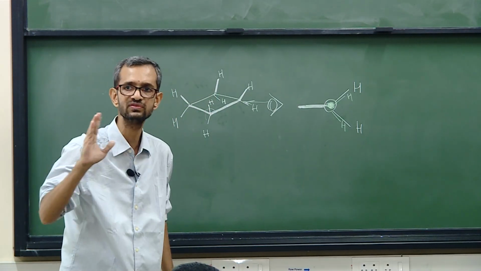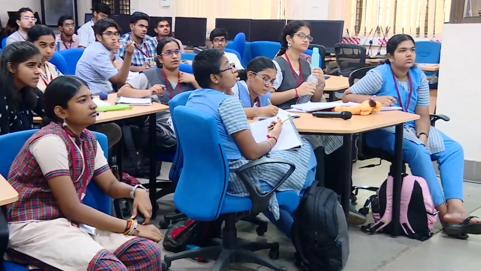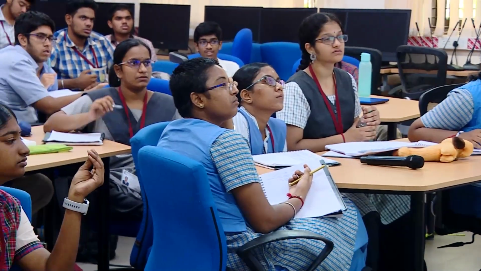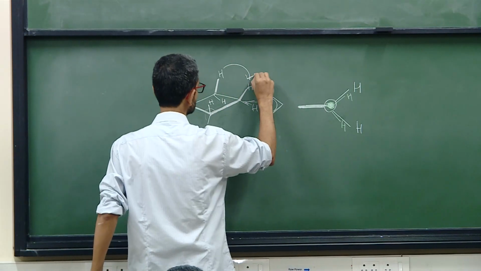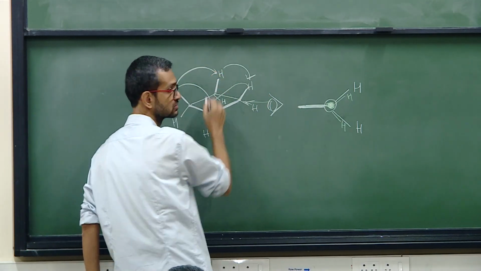So how many of these torsional strains, eclipsing interactions, are there in this molecule? 4. 1, 2, 3, 4.